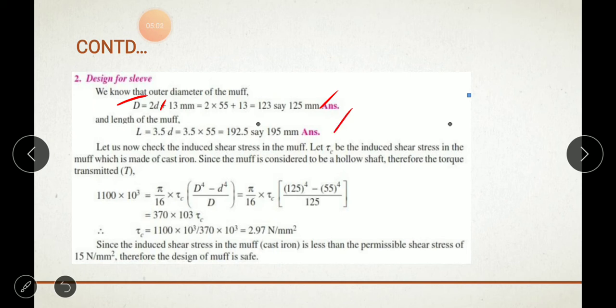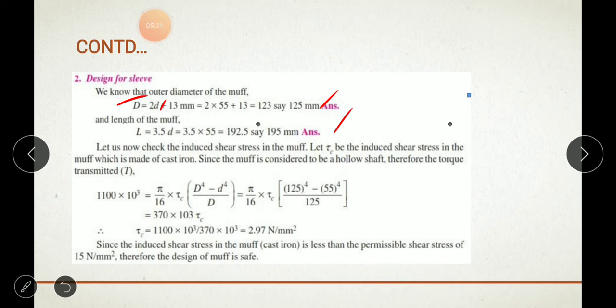Now we have to check for the induced shear stress. The formula is T equal to pi by 16 into tau c into (D raised to 4 minus d raised to 4) divided by D. Pi by 16 as it is, into tau c, which we have to find out.